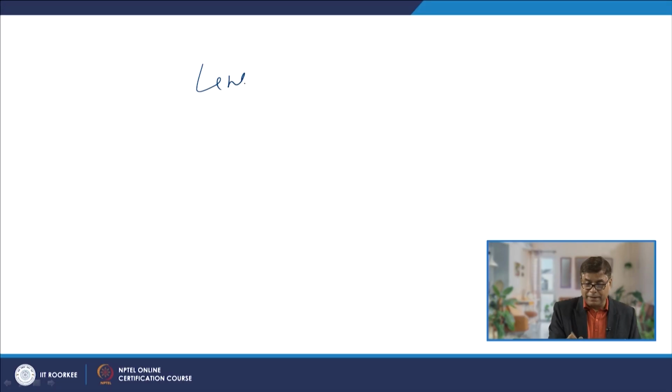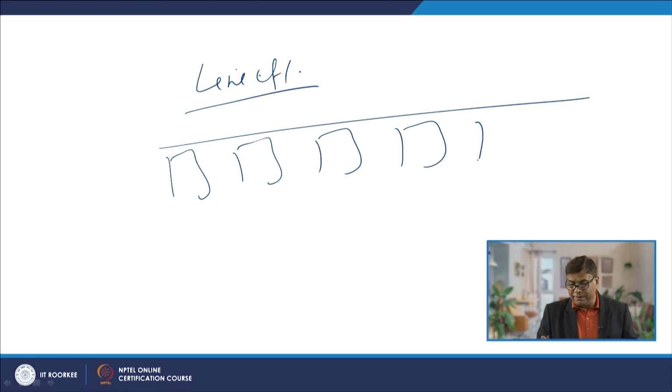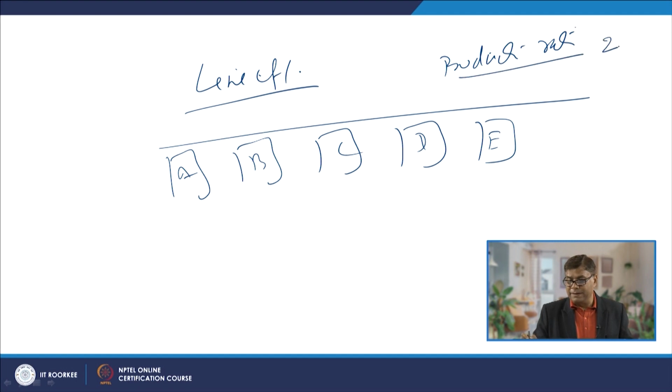So, here if we see, line efficiency is another thing. Say in a line there are 5 stations A, B, C, D and E, and for a given production rate, let us say the cycle time is 2 minutes.